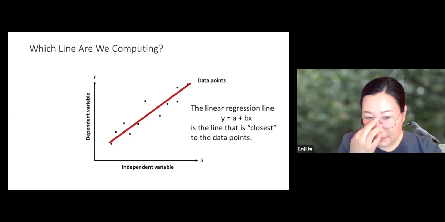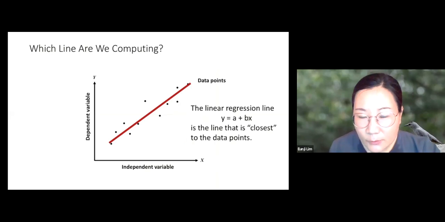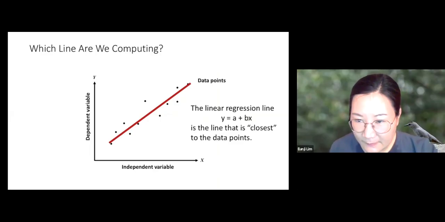Now, so far, we talked about how to find A and B using Excel. And the question is, which line are we computing in Excel, or if you're using formulas, either way, which line are we computing? So here's what Excel finds.